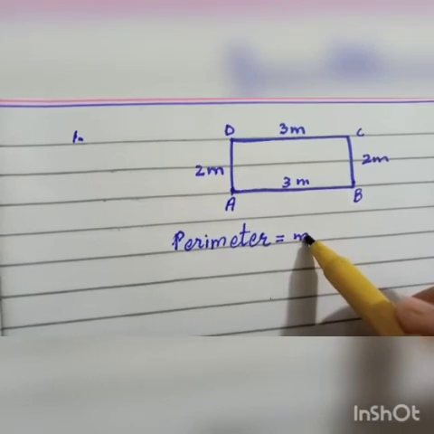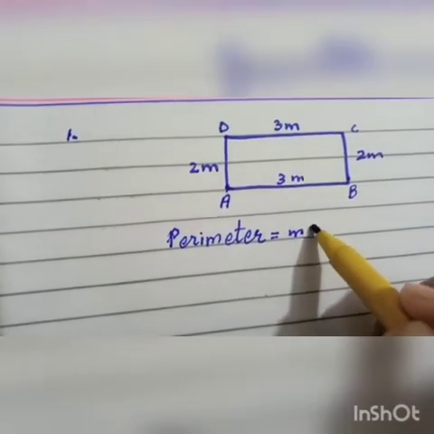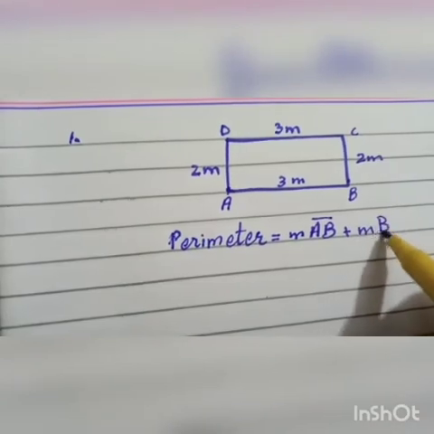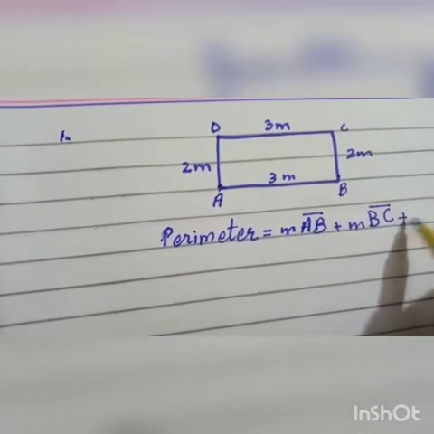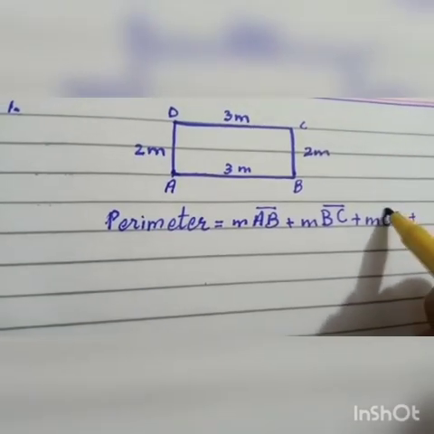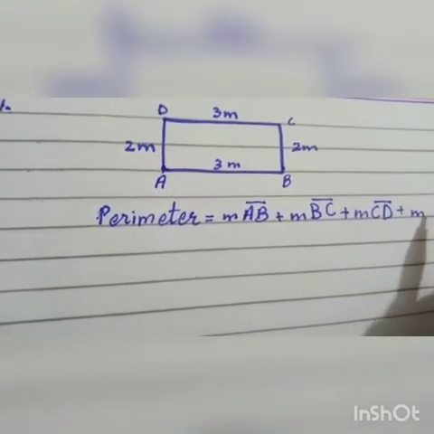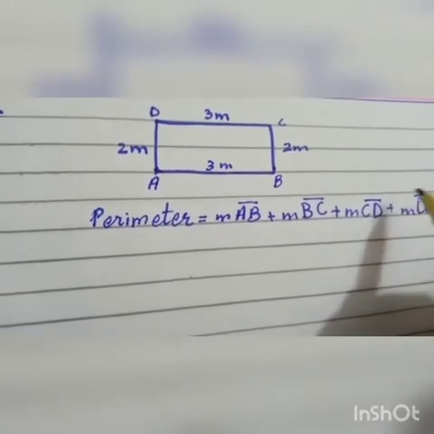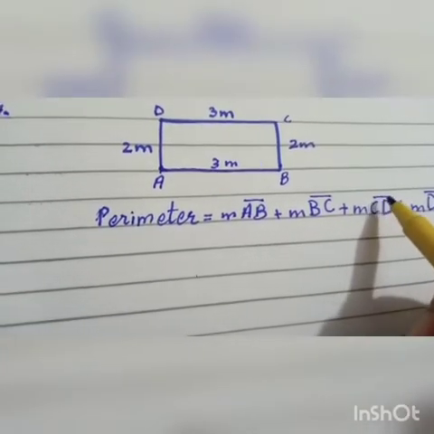Now we will add all measures. Measure AB plus measure BC plus measure CD plus measure DA. This small m stands for measure and this line is the line segment.